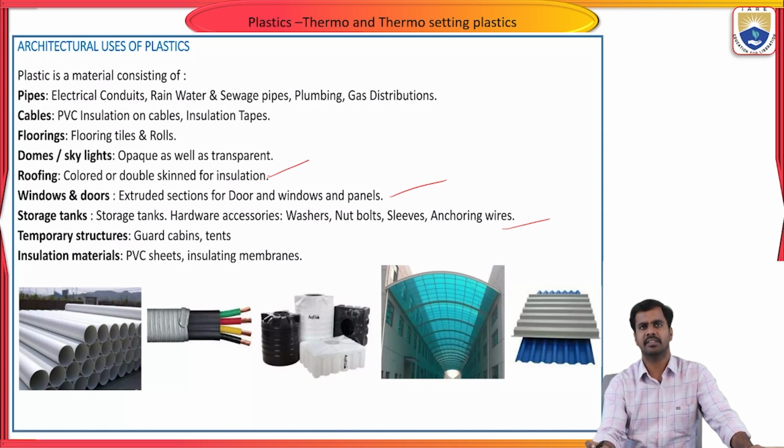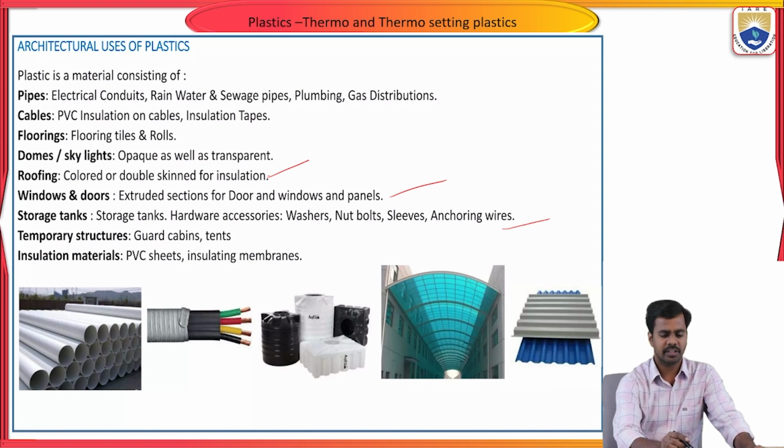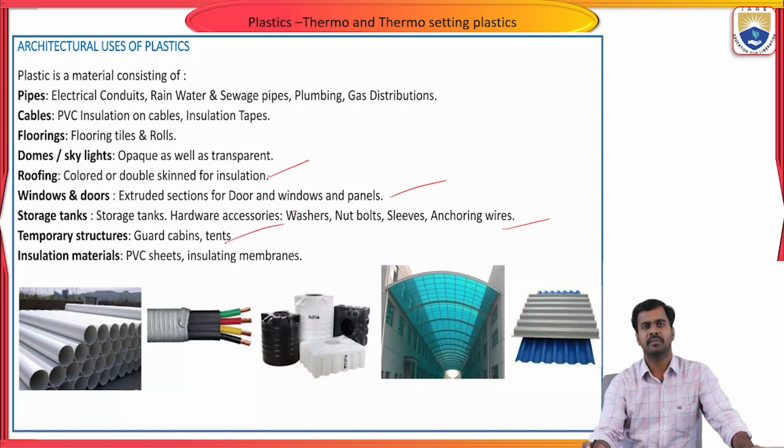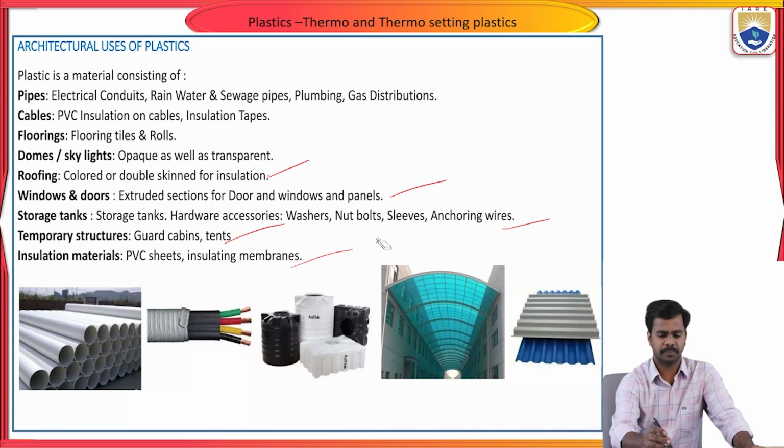Hardware accessories: washers, nuts, bolts, sleeves, and anchoring wires. Temporary structures, that is guard cabins and tents. And insulating materials, PVC sheets, insulating membranes. So these are all the uses which belong to the architectural uses of plastics.